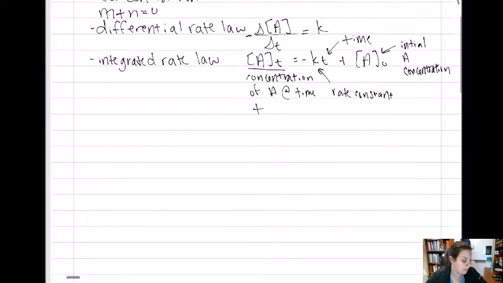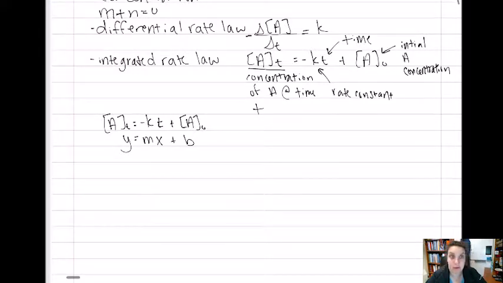We can then take this and set it up as an equation where y equals mx plus b. In this case, our A_t is our y, our slope is negative k, our x is t, and A naught is our y-intercept.